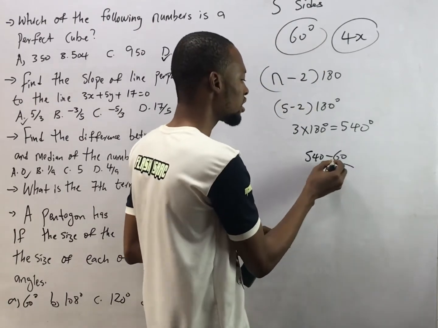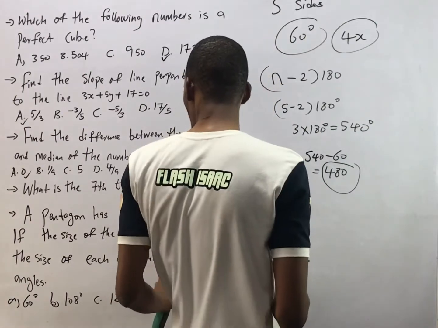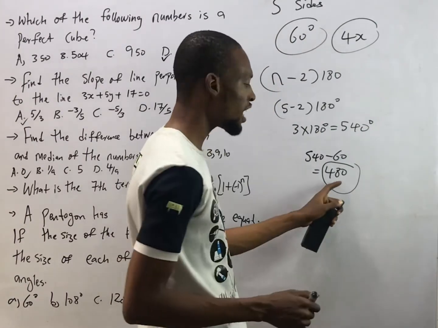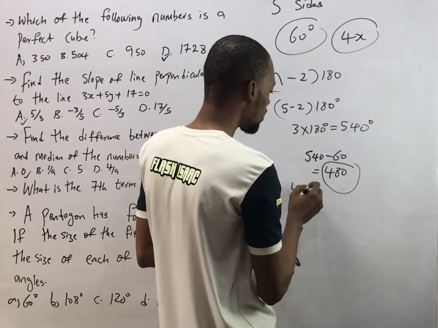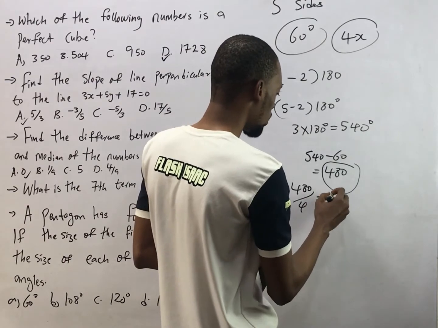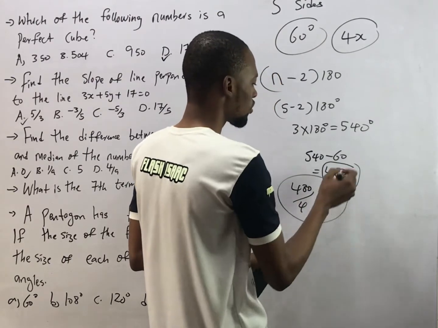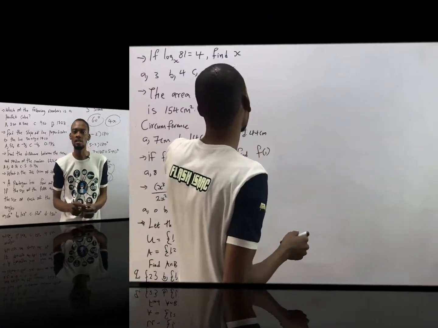So now, this is the sum of the remaining 4 angles. To know what each of the angles is, we'll divide by 4, since this is for 4 equal angles. 480 divided by 4 is simply 120. So one angle is 120 and the 5th one is 60 degrees.